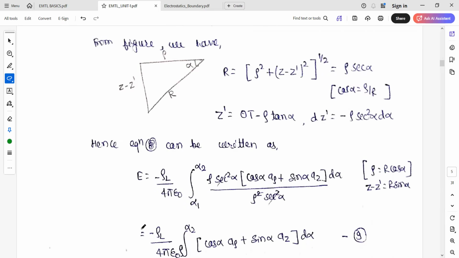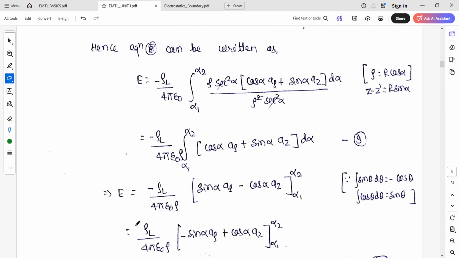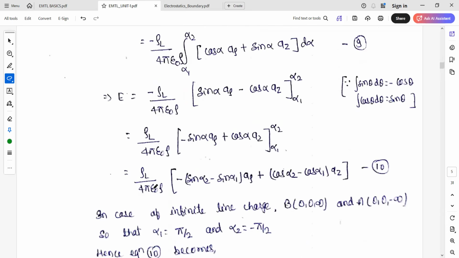Once we substitute these values, finally we have rho L by 4 pi epsilon rho times, inside the bracket, (sine alpha 2 minus sine alpha 1) a rho plus (cos alpha 2 minus cos alpha 1) a z.